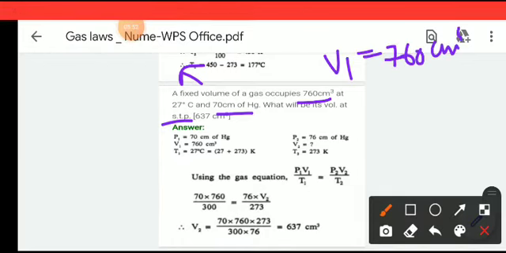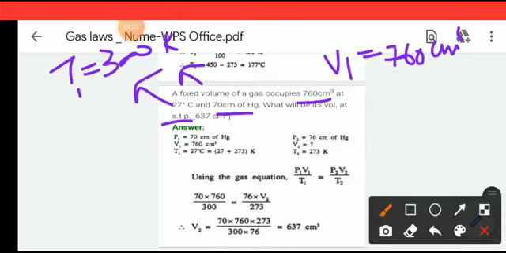Temperature is 27 degrees Celsius, that is T1 is 300 Kelvin, because we know 27 degrees Celsius means 300 Kelvin. And the pressure is 70 cm of Hg. So we know P1, V1 and T1. It is being asked what will be its volume at STP.